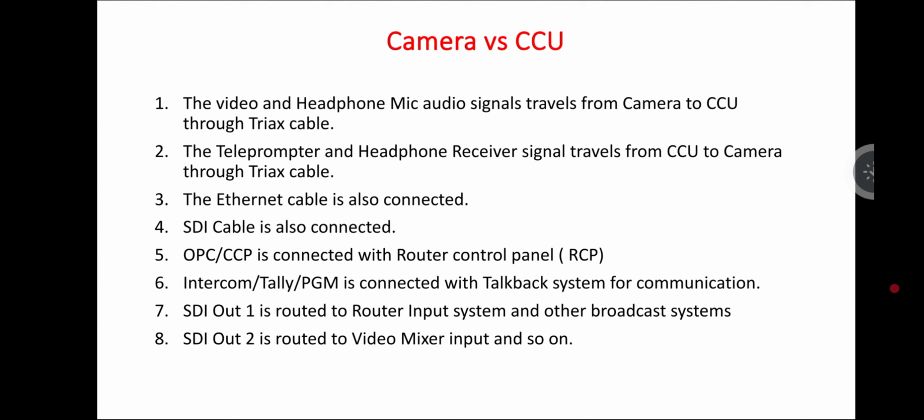Intercom, tally and PGM are connected with the talkback system for communications. SDI output 1 is routed to router inputs and other broadcast systems. SDI 2 is routed to video mixer input and so on. This is just for general information. Okay.